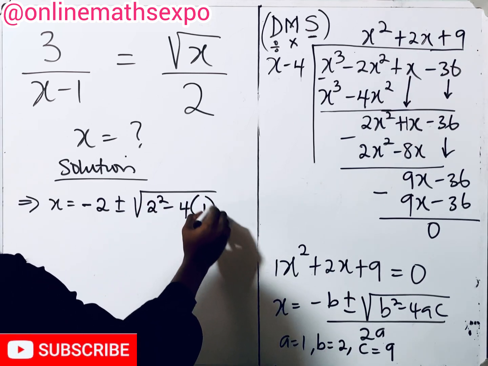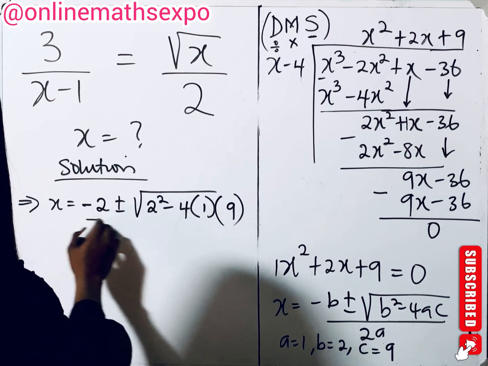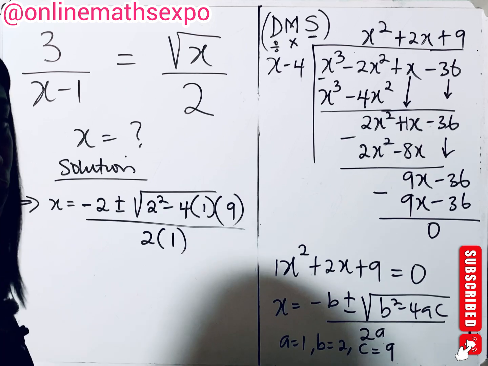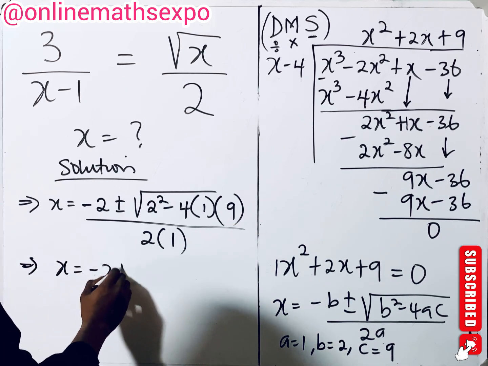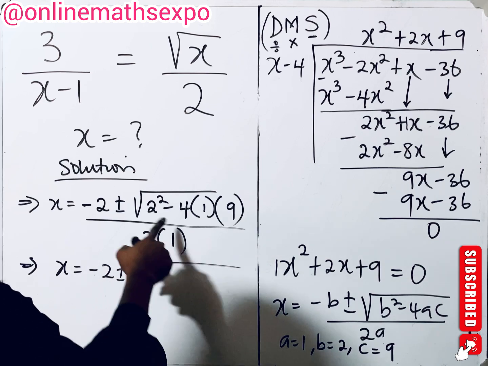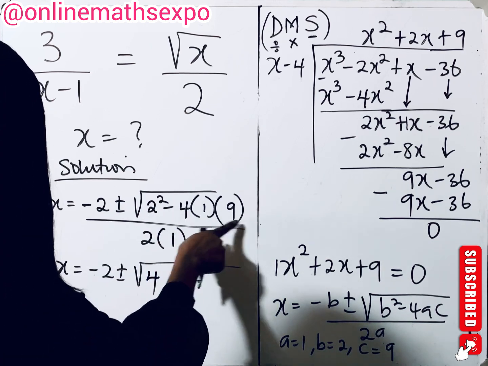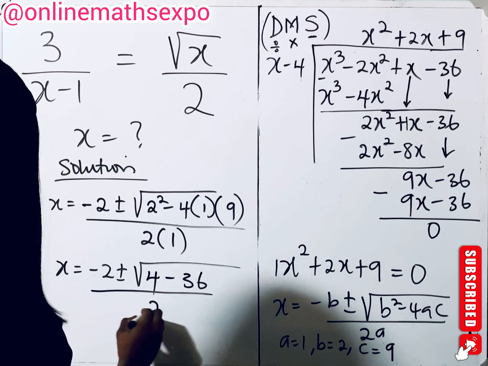Our a is 1 and our c is 9. I hope you are with me there. Then all divided by 2 multiplied by our a is 1. So let's simplify. This is giving us x is equal to negative 2 plus or minus square root of 2 squared is 2 multiplied 2 times, which is 4. Then when you multiply this, it gives you negative 36 out of 2.